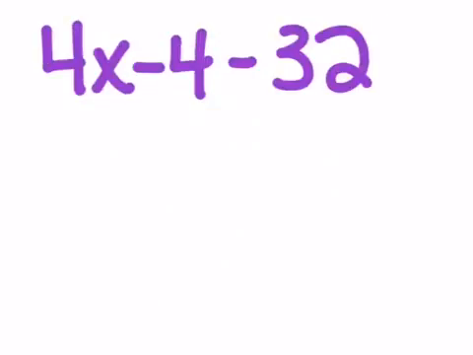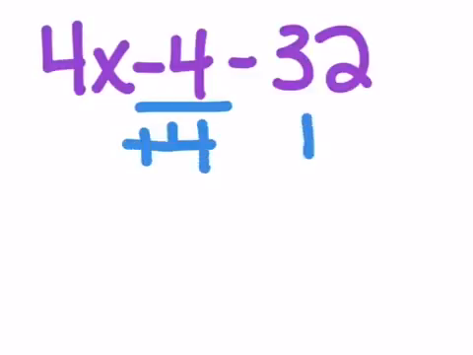All right, let's try another example together. This one's a little different than the ones in the previous slides because I have a negative 4, or I'm subtracting 4 from x. So how do I get rid of it? I need to add 4. And it doesn't look like an equal sign, so I'm going to make that look like an equal sign. So what do I have left?